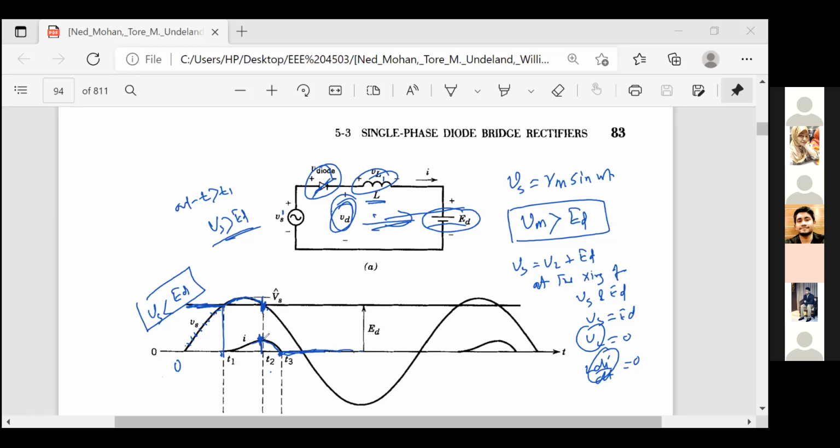That is why the current will have the peak value at the crossing point. So the output voltage will go there, while there is current. Then since the current is 0, the diode will not be conducting, because the diode already has reverse bias. But since the current did not get any path, it will be forced to conduct until the current is 0. So our output voltage will have a wave shape like this.